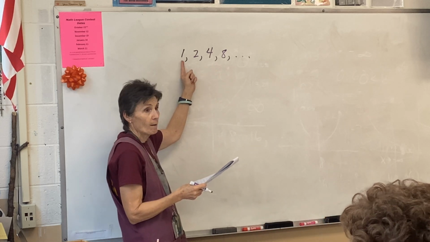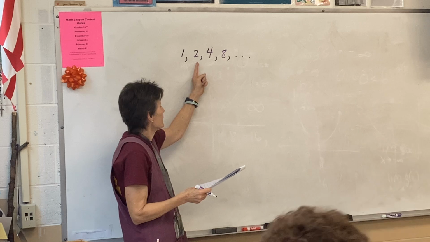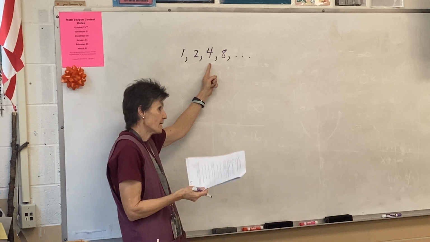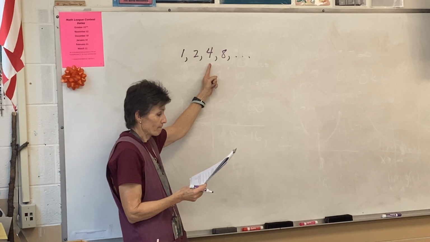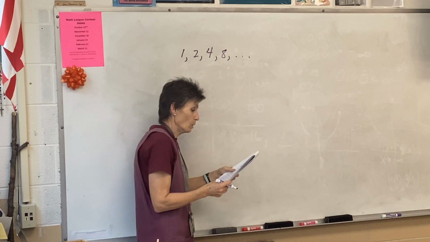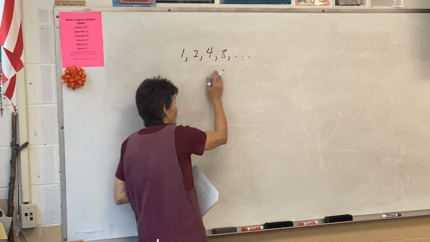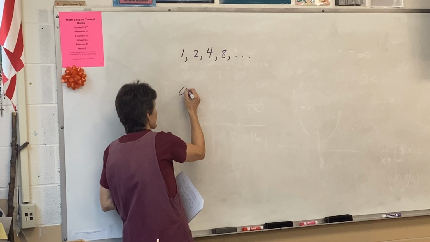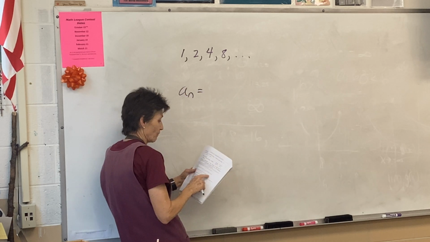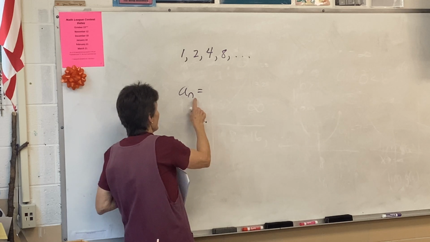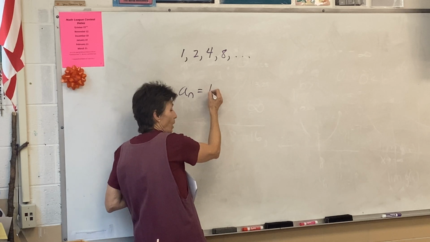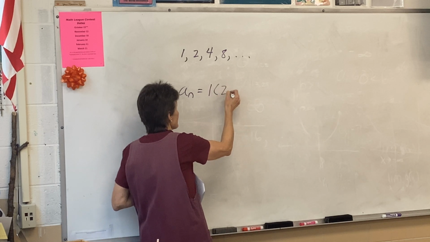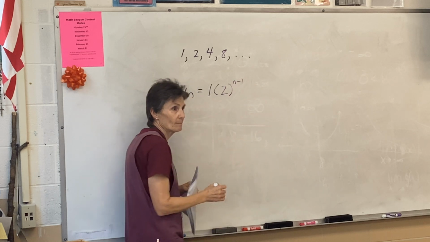This was the first job, second job, third job, 4 cents. Write a rule. What kind of sequence is this? Geometric. So the nth term, I need a rule for the nth term. The nth term will be 1 times 2 to the n minus 1.